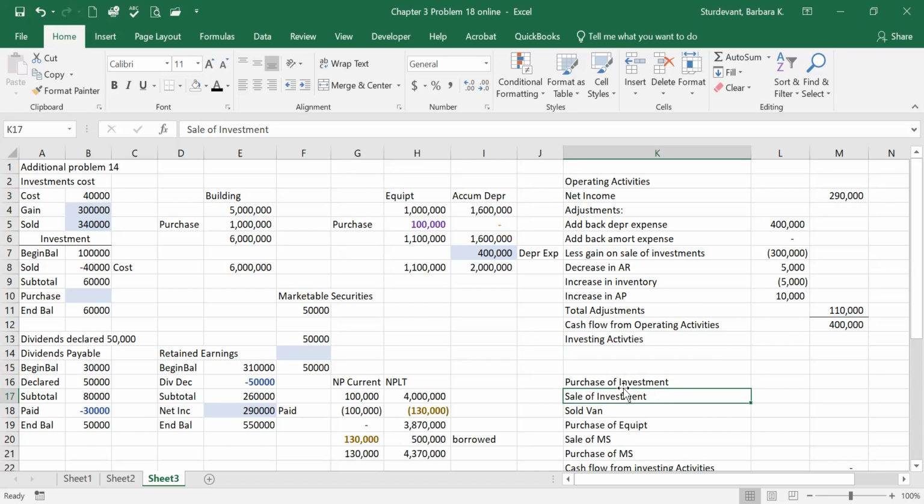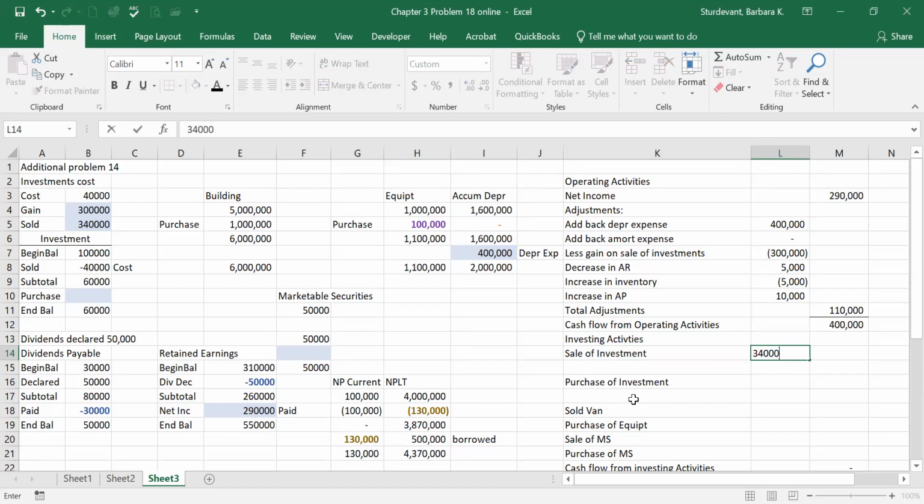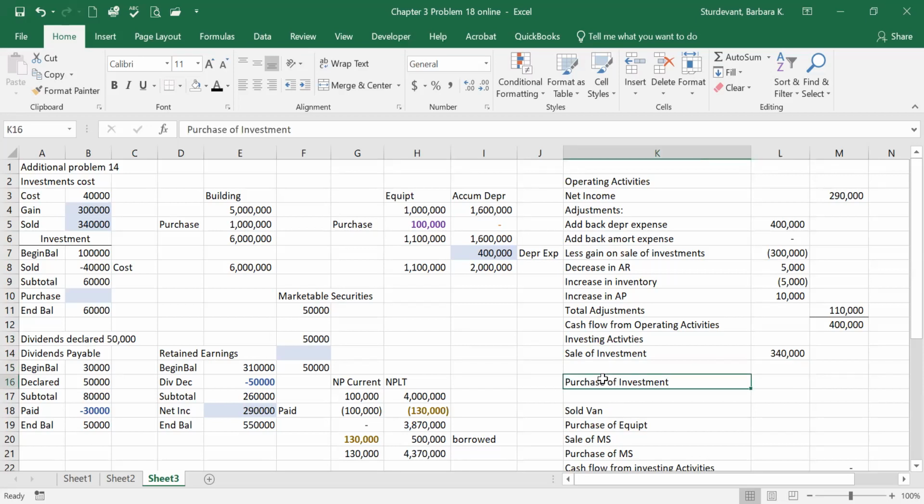Okay. So let's do the investment first. We had a sale of investment, and how much did we get? 340,000. Okay, did we have any purchase of investment? We had none. Okay, so we'll get rid of that.